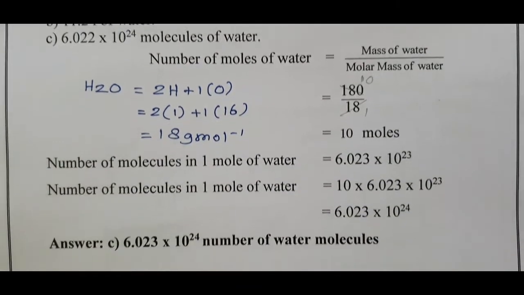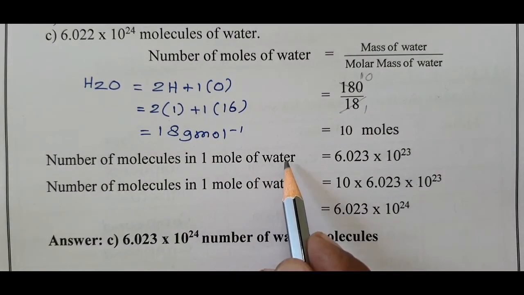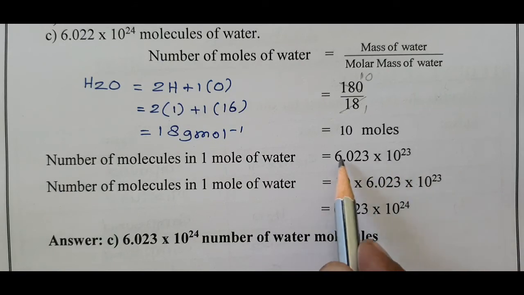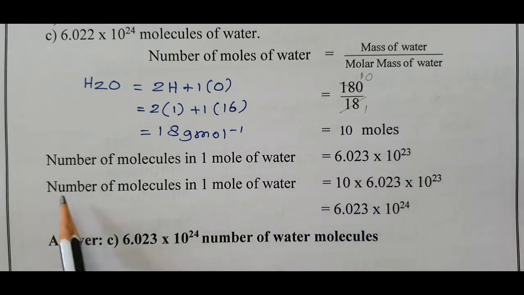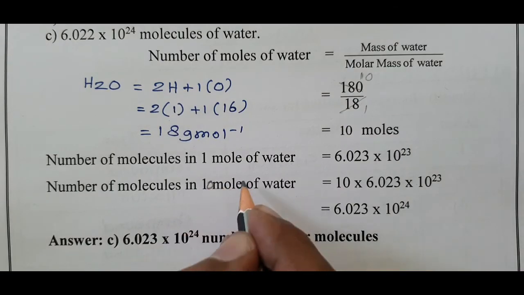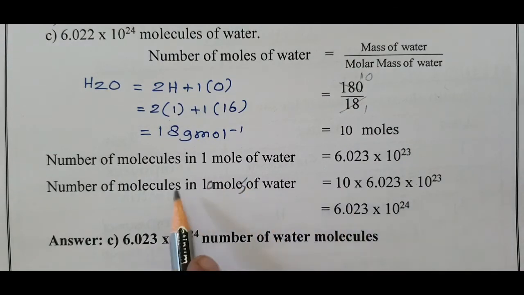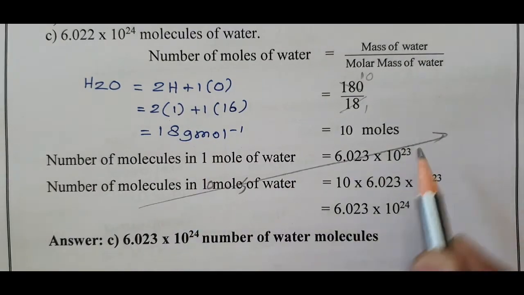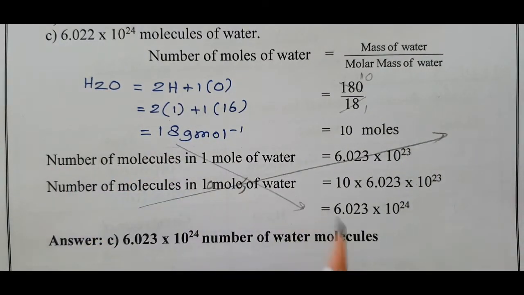Number of molecules in 1 mole of water is the Avogadro number, 6.023 into 10 power 23. Number of molecules in 10 moles of water, we have to cross multiply and divide by this value.